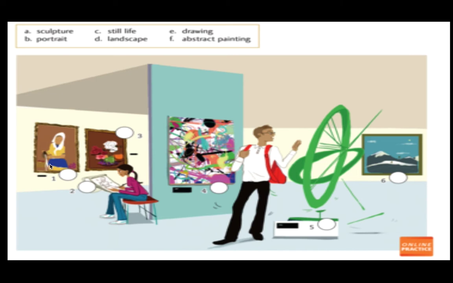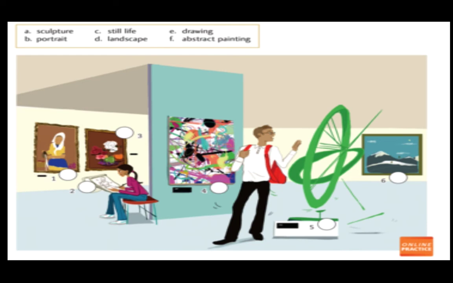So let's see, number one, we can see a painting hanging on the wall. In the painting, it looks like an old lady. She's wearing traditional clothes. This kind of picture, what kind of painting is it?